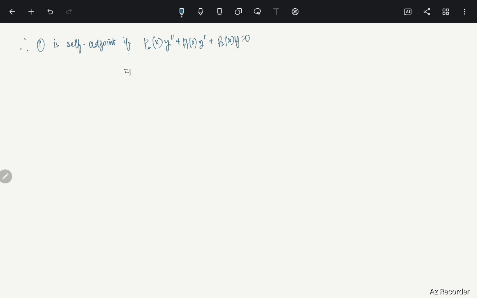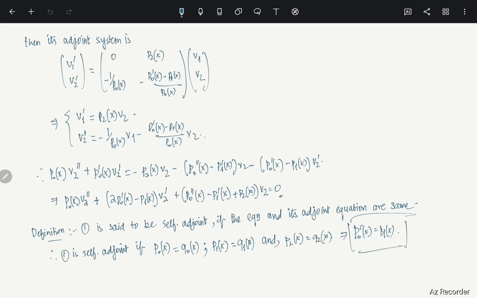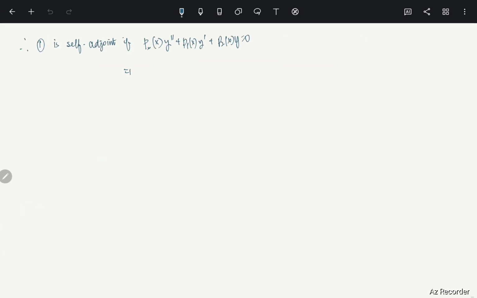Now if it is self-adjoint, P naught prime is P1, so you can write it as P naught of x y prime, whole prime, plus P2 of x y equals 0. This is a self-adjoint form. Please remember that it is extremely important. You must remember this thing. We are going to work with it a lot. This is the self-adjoint form of 1.